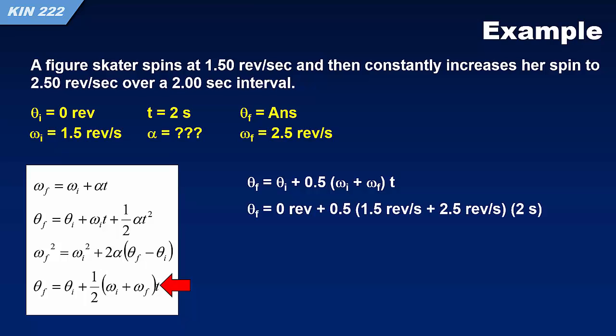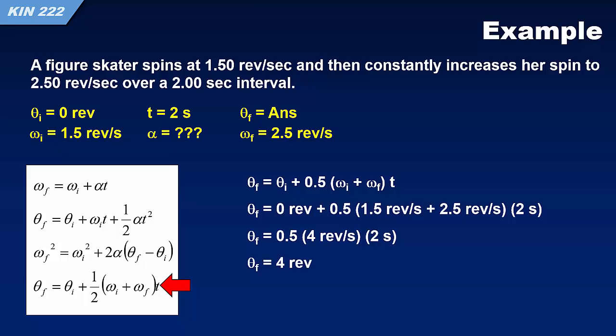So the final angular displacement is equal to the initial angular displacement, which is 0 revolutions, plus 1/2 times the sum of the initial and final angular velocity, so 1.5 revolutions per second plus 2.5 revolutions per second, multiplied by the time, which is 2 seconds. If we crunch that a little bit, we get 1/2 times 4 revolutions per second, that's the 1.5 plus 2.5, times the 2 seconds.